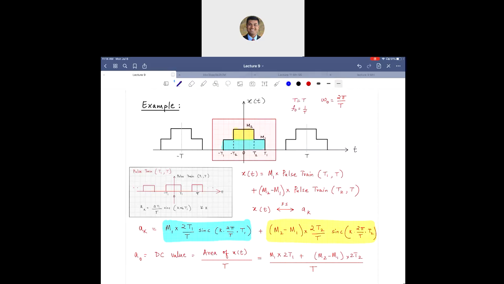So I can say for all k for the earlier result. What I mean by satisfies earlier result is if you substituted k equals 0 in the previous equation, you would get A sub 0.